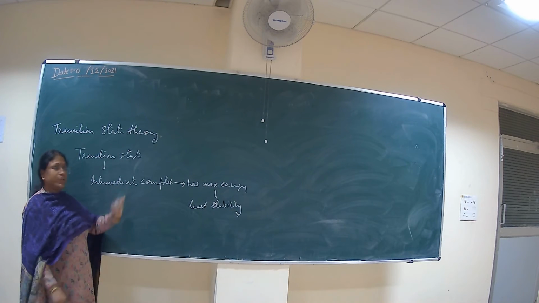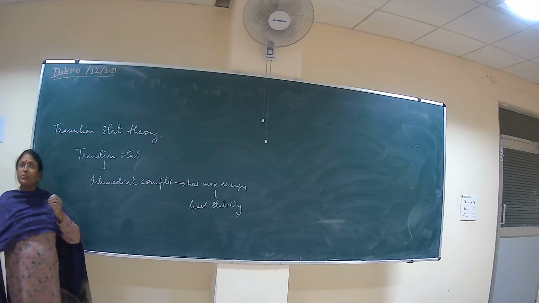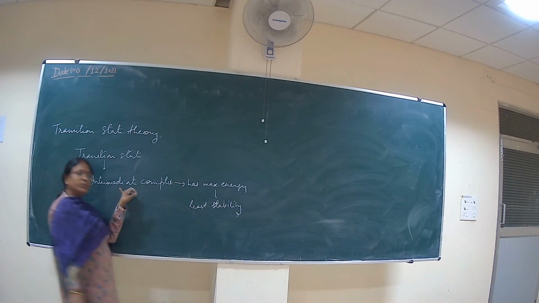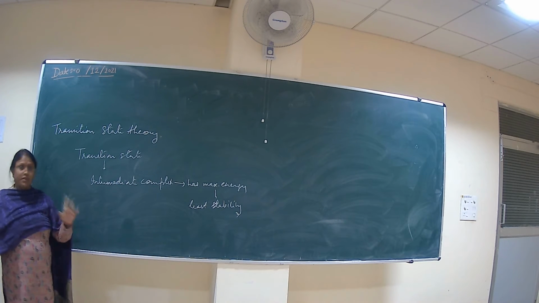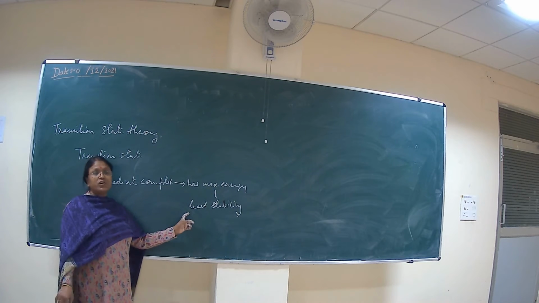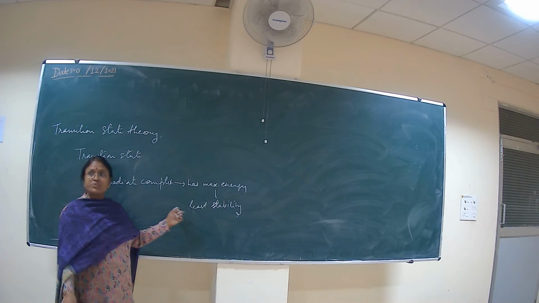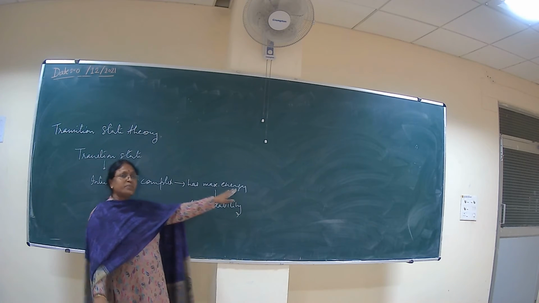Okay, so in each and every reaction, the formation of intermediate complex or the activated complex takes place. Although this activated complex is an individual species, the lifetime of the intermediate complex is very less. Lifespan is very less. It is least stable, but it has the maximum energy.